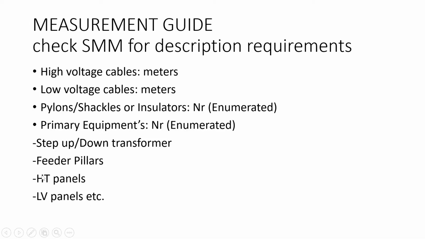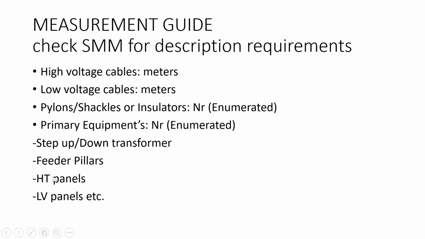Now they use these high tension panels in cases where you are looking at commercial buildings, like maybe Dangote refinery now. It's going to be needing high tension panels to distribute electricity. It's also going to be needing low voltage panels to distribute electricity over a long distance, right? Good.